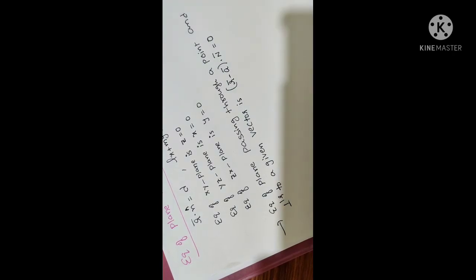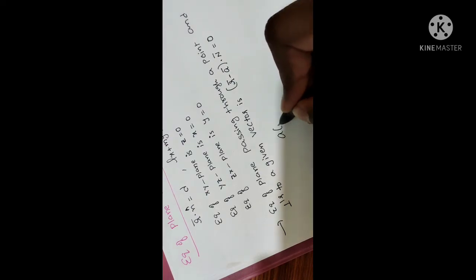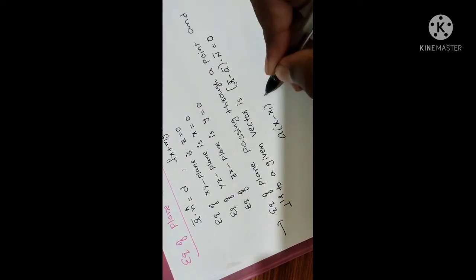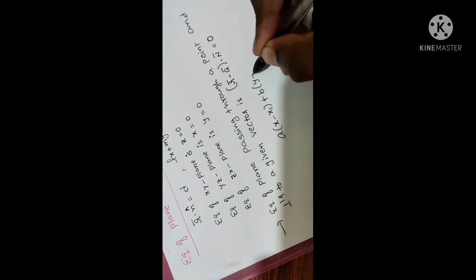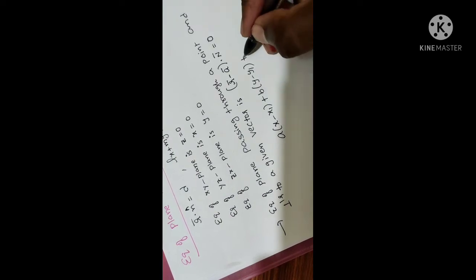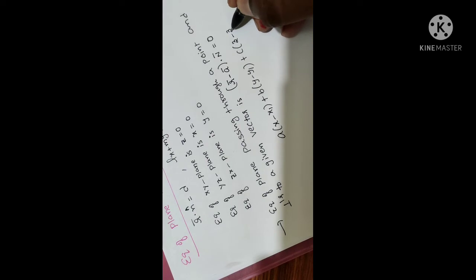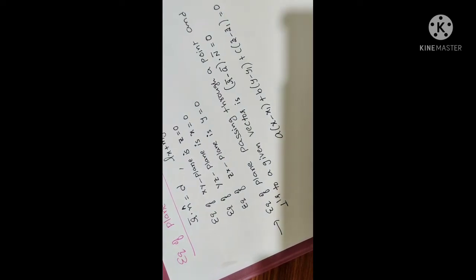This is a formula in vector form. The same formula in Cartesian form: a into (x minus x1) plus b into (y minus y1) plus c into (z minus z1) is equal to 0. This is a formula in Cartesian form where a, b, c are direction ratios.